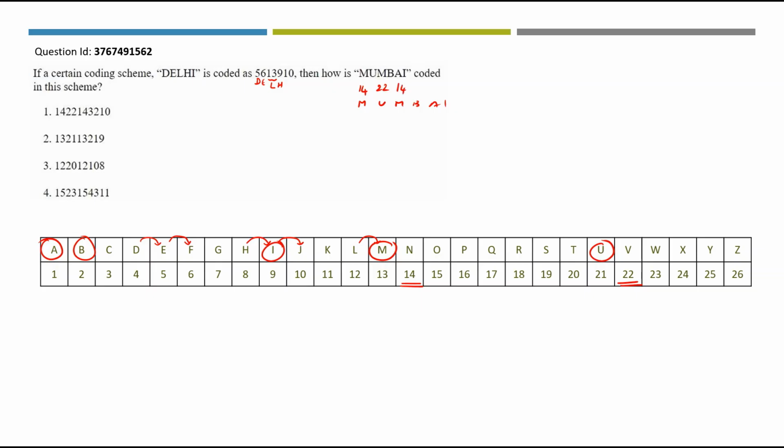What about B? It is 2. So the next digit 3 will be picked up. What about A? It is 1. So the next digit 2 will be picked up. What about I? It is 9. So we are picking up 10. 1 4 2 2 1 4 3 2 1 0. It is perfectly matching in option number 1. Once you find that M is 14, you can rule out the rest of the options.